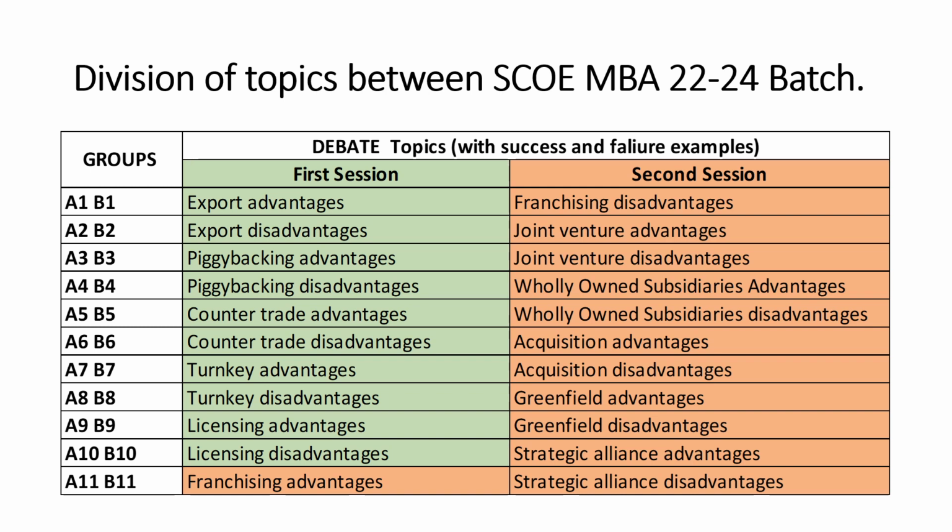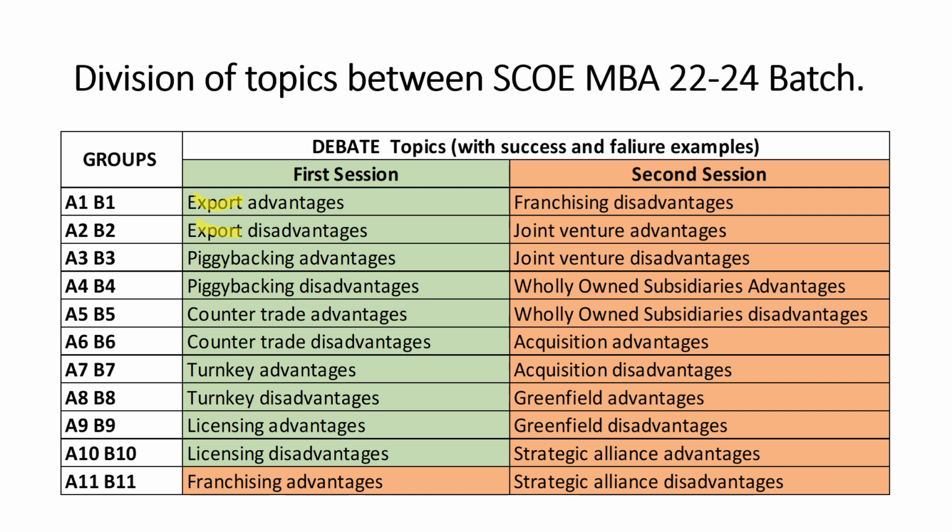So if you can see here, let me just use my highlighter. If you see here the export, I have assigned the advantages of export to groups A1 and B1, and export disadvantages to groups A2 and B2.